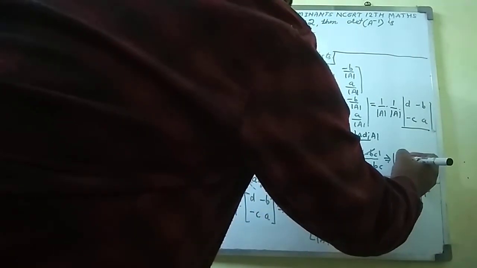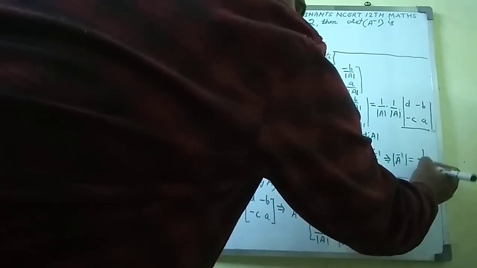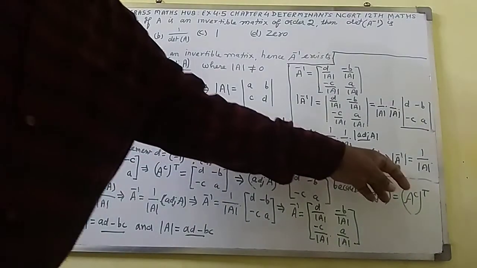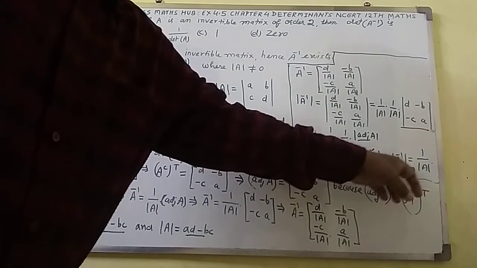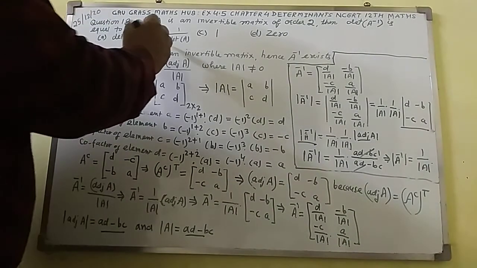Considering this, I get here 1, which implies I can write easily determinant of A inverse equal to 1 over determinant of matrix A. So this is what I got here.